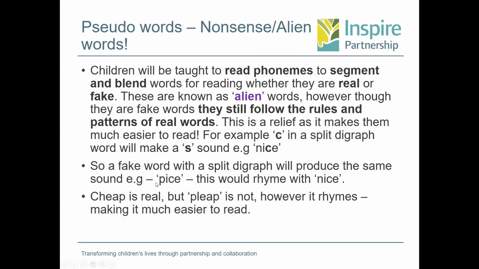For example, with a P, it would be read as ice, just as you would read nice, just rhyming with that. The word cheap is a real word, cheap. But this word here is not, it's pleep. Though it rhymes, so it does make it much easier to read.